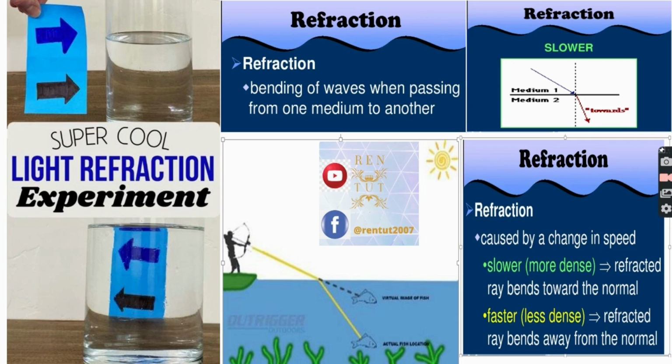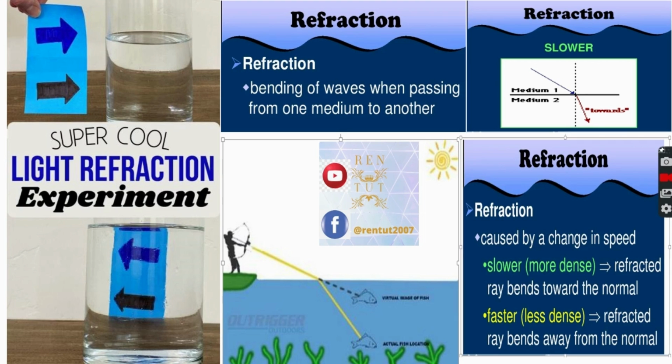Now the refracted ray passes from the fish to the water surface, and when it reaches the surface, it goes from the denser medium to the rarer medium and hits the eyes of the hunter. So the refracted ray bends away from the normal. That is why the image is seen on the top of the water.